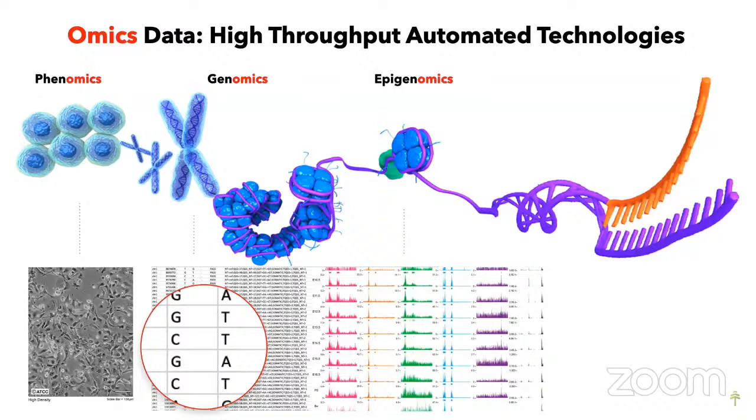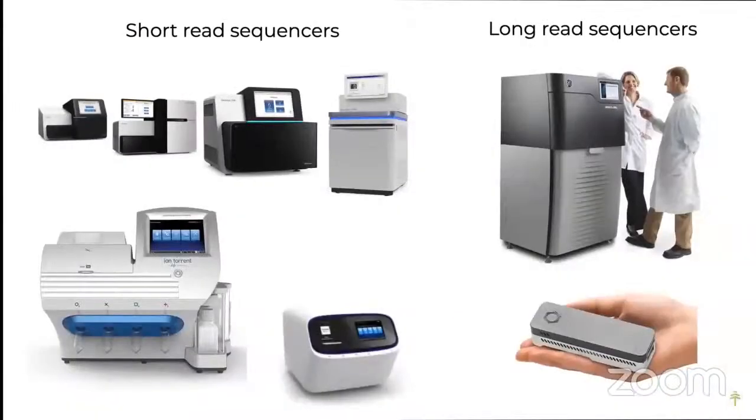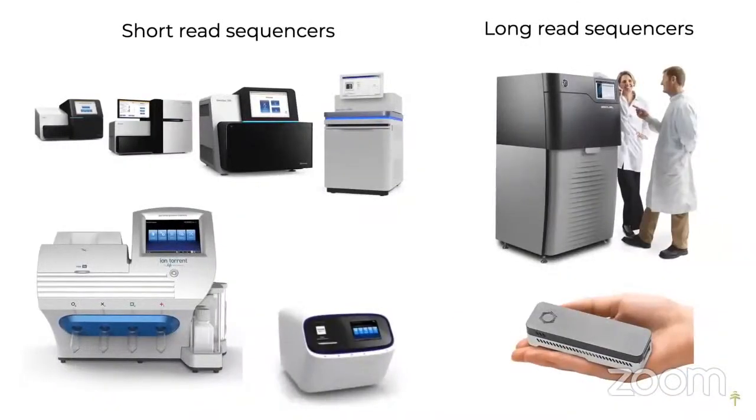This includes such methods as DNA methylation. Transcriptomics allows us to understand gene expression, or how much of a certain gene is being expressed in a cell or a tissue. This is done using a variety of platforms.